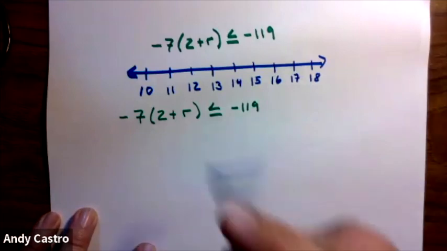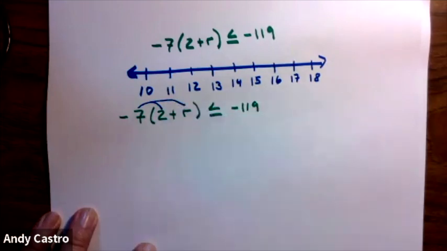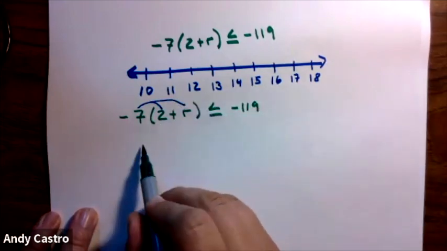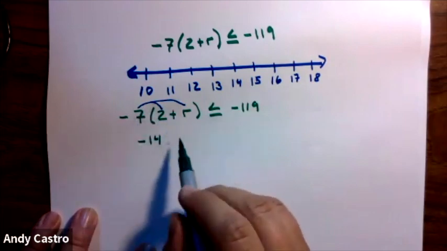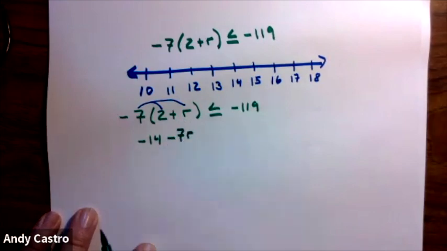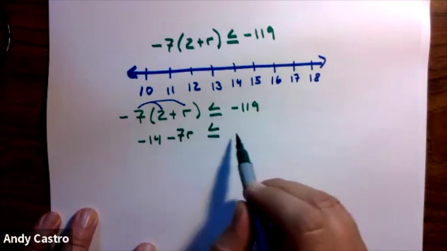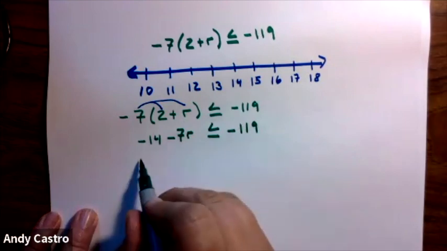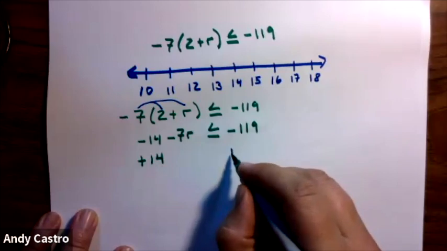All right, so I'm going to multiply through my negative 7 first. Negative 7 times 2 is negative 14. Negative 7 times r is negative 7 times r. And this is less than or equal to negative 119. I'm going to add 14 to both sides.